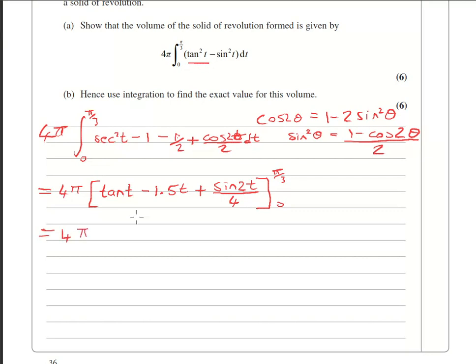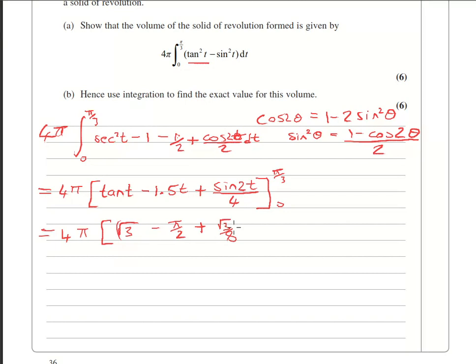They do want the exact value, so you've got to be slightly careful here. Tan of pi over 3 is tan of 60, which is root 3. That's minus 3 over 2 times pi over 3, which is minus pi over 2. Then plus, sine of 2 pi over 3 is the same as sine 60, which is root 3 over 2, giving root 3 over 8.